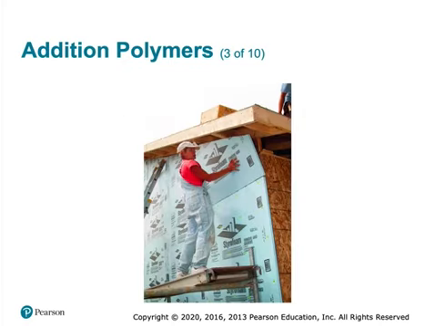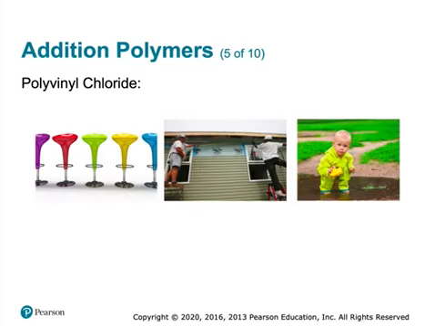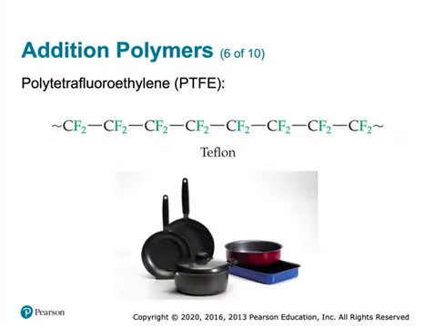And here is styrofoam insulation, so it can be used for insulation. PVC, polyvinyl chloride. This is what they use for the white plumbing pipes. So PVC is an addition polymer, and it has various usages. We use PVC quite a bit.